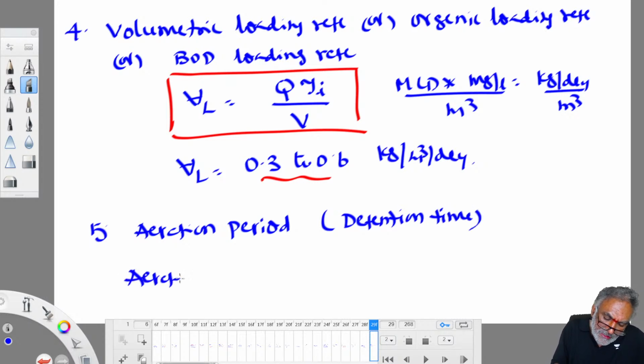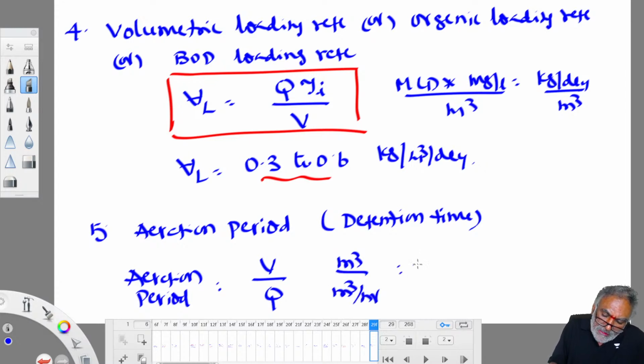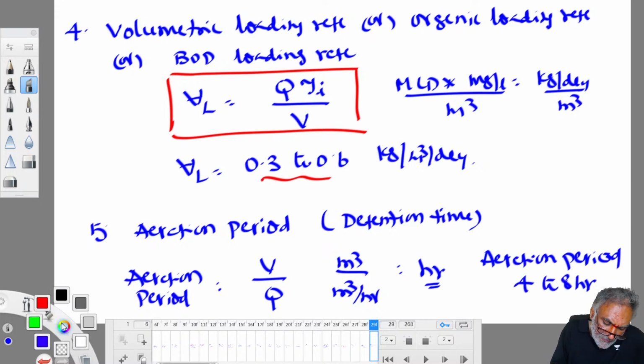So aeration period is equal to the volume of aeration tank by flow rate. Substitute this in meter cube, this in meter cube per hour, and you straight away get the answer in hours. Normally we provide aeration period anywhere between 4 to 8 hours for the activated sludge process.